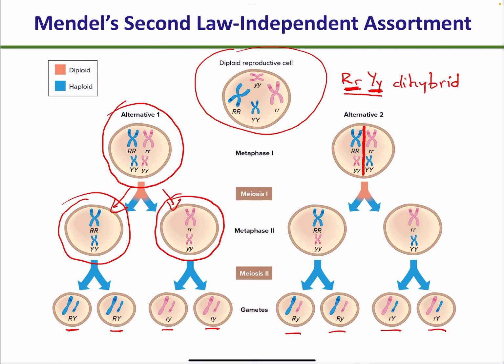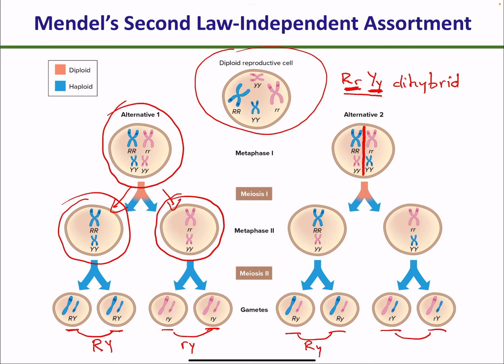At the end of the day, we see that there are really 4 possibilities of gametes. The 4 possibilities are going to be capital R, capital Y, that's 1. 2, it's going to be lowercase r, lowercase y. 3 is going to be capital R, lowercase y.